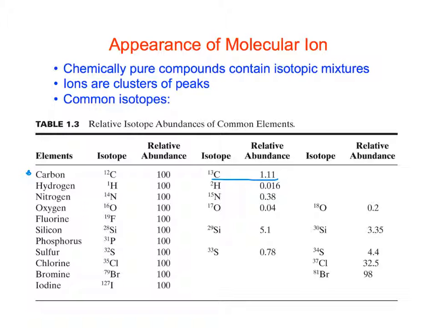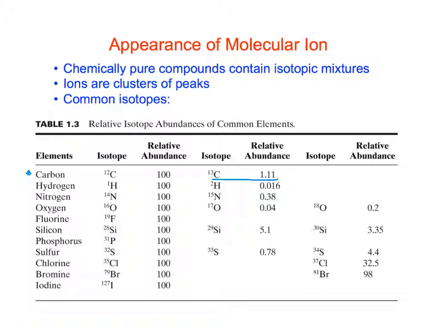We can observe that in mass spectrometry as well. So for every carbon in the molecule, there's a 1.1% chance that that carbon is a C13. And the more carbons you have, the more you would see that relative abundance increase.